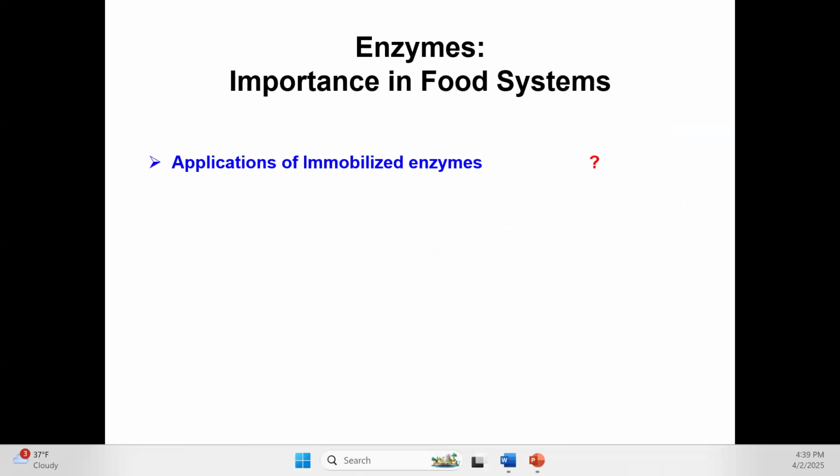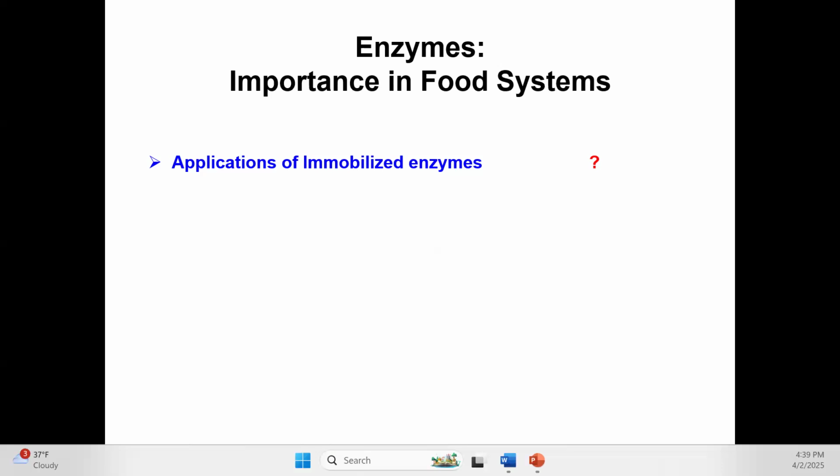Okay. So where do we use immobilized enzymes? We have an idea. Very common use. ELISA, yes, absolutely, that's one, of course. ELISA stands for enzyme-linked immunosorbent assay.